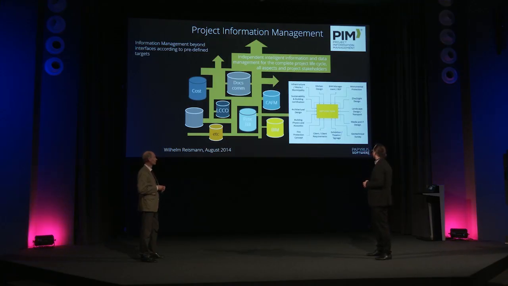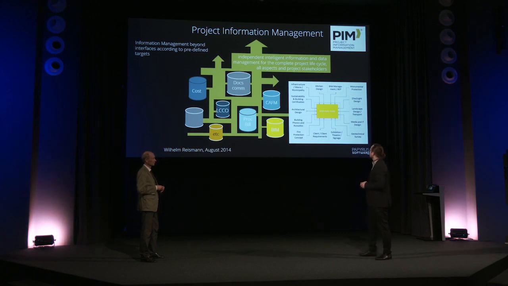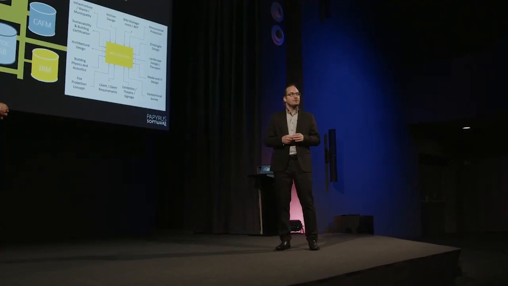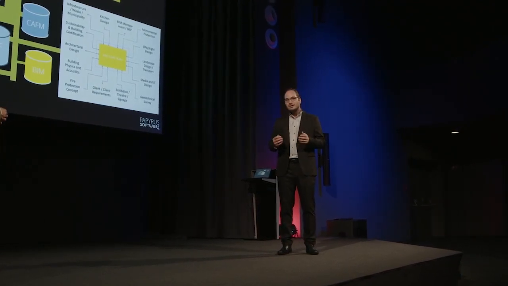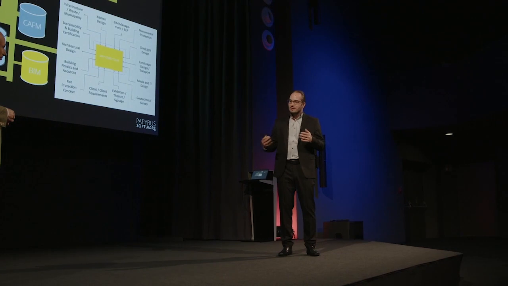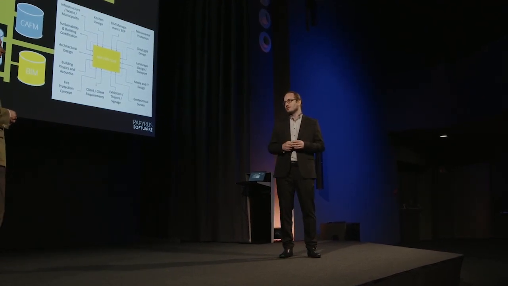And additionally, just recently we produced this very nice graph which shows how many interactions between teams and topics we have on the project. So we have data information, we have interaction of people, and all this together we called at that time project information management. And today we are here to talk about this interaction and information flow in a project.